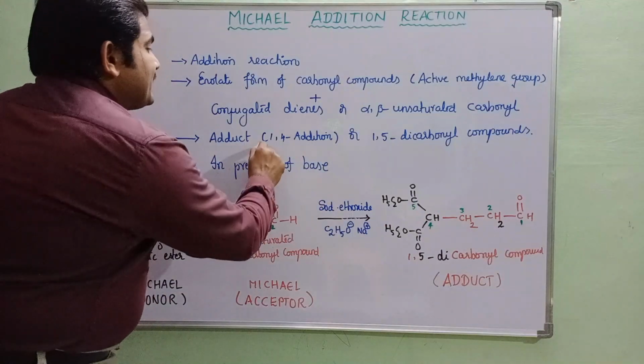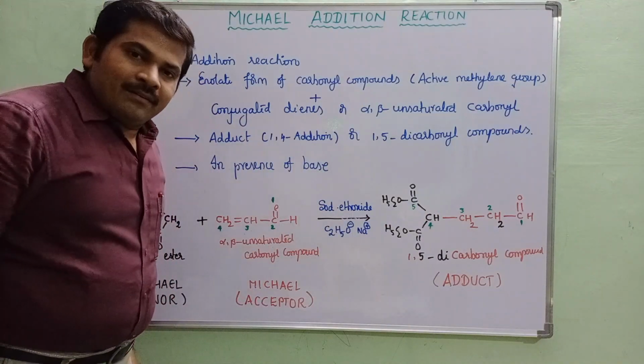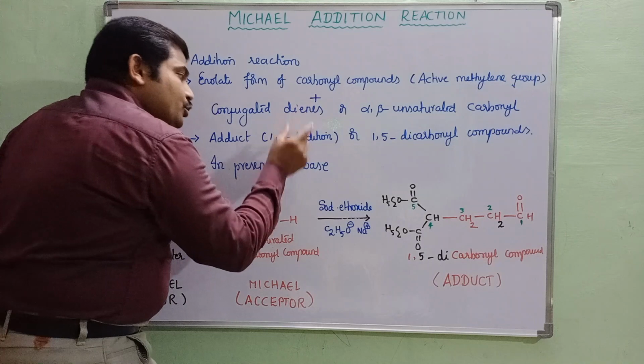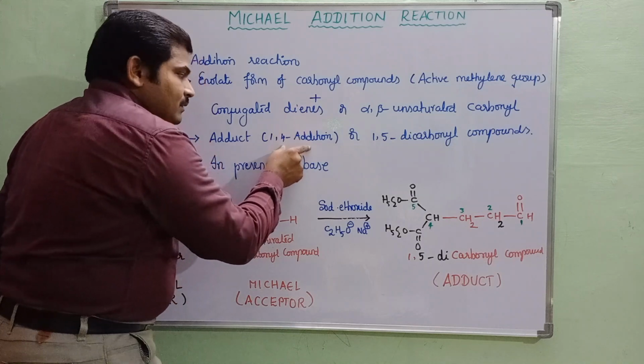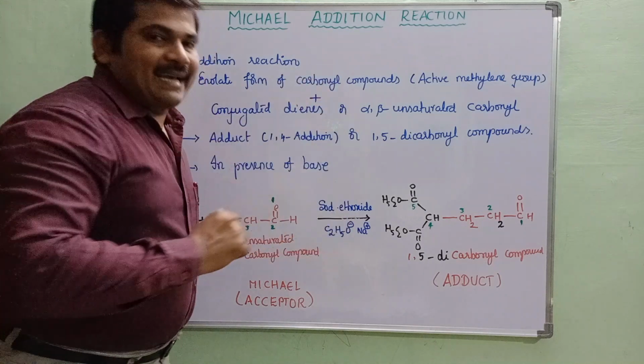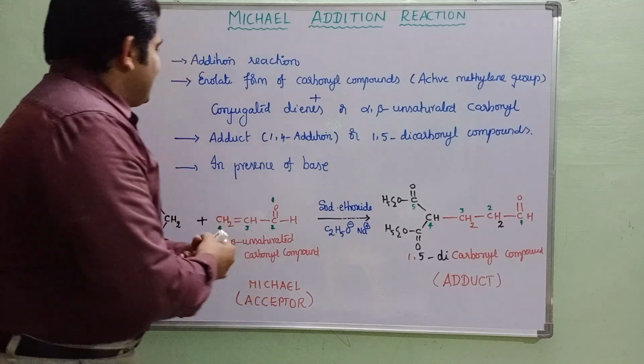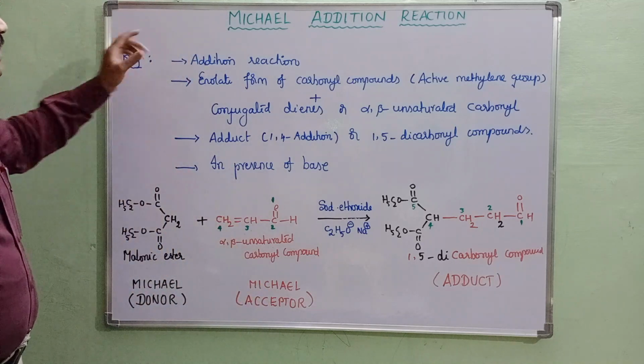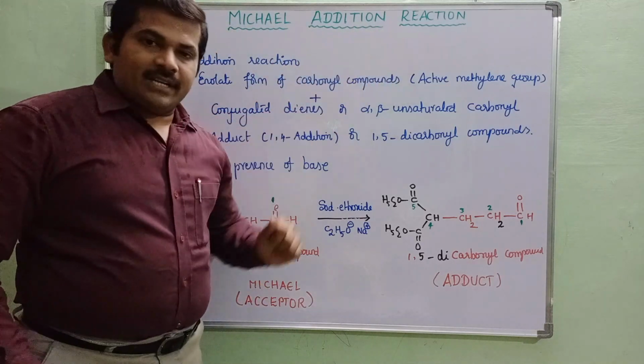Sir, why do we call it a 1,4 addition reaction? Okay, you will get to know about this concept in the reaction mechanism itself. Let us see the definition of the Michael addition reaction.